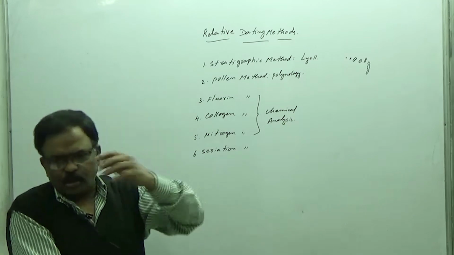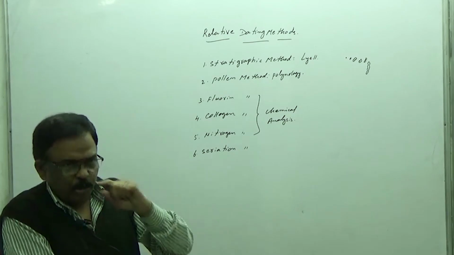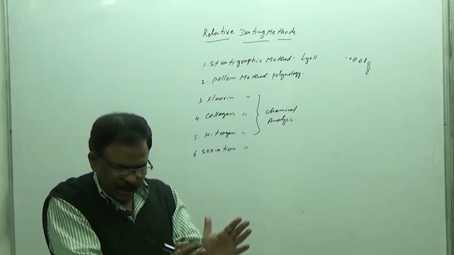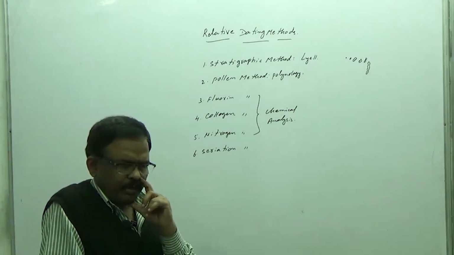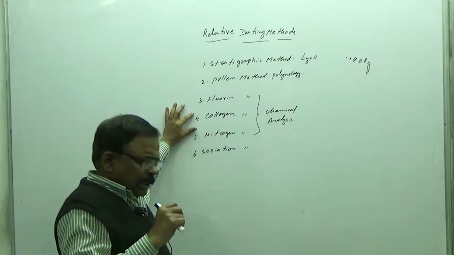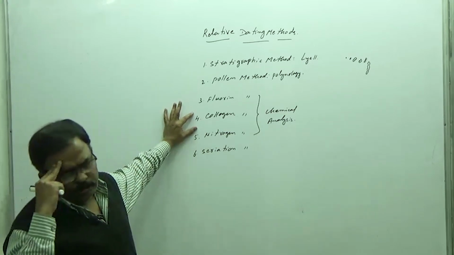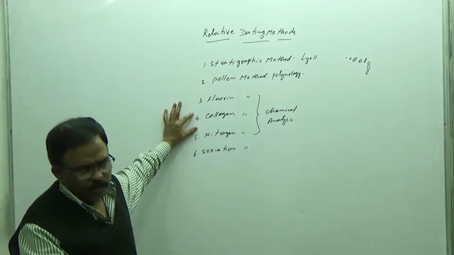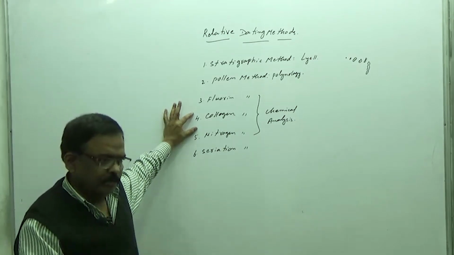Bone is made largely of protein. In between cells, some fibrous proteins are there: collagen. This collagen is a fibrous intercellular protein present in the bone, and also in muscles, but particularly in bone here.